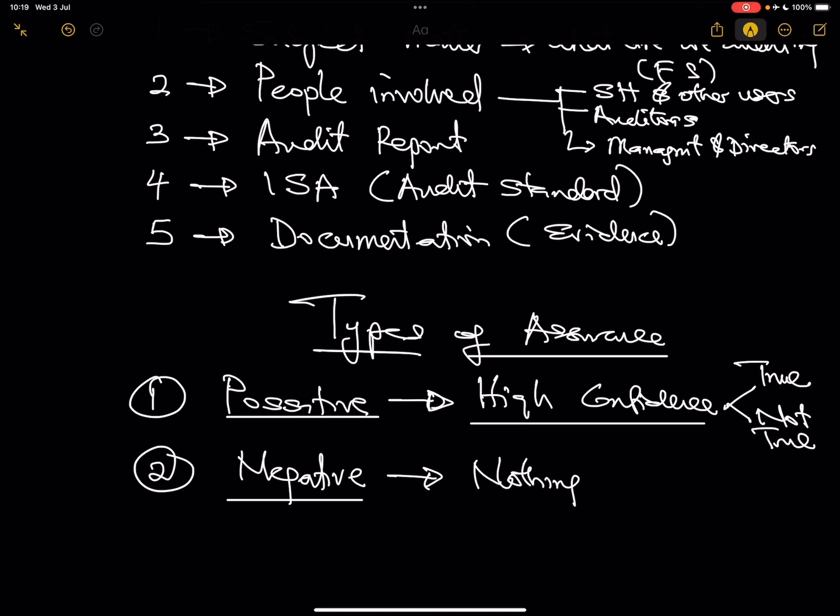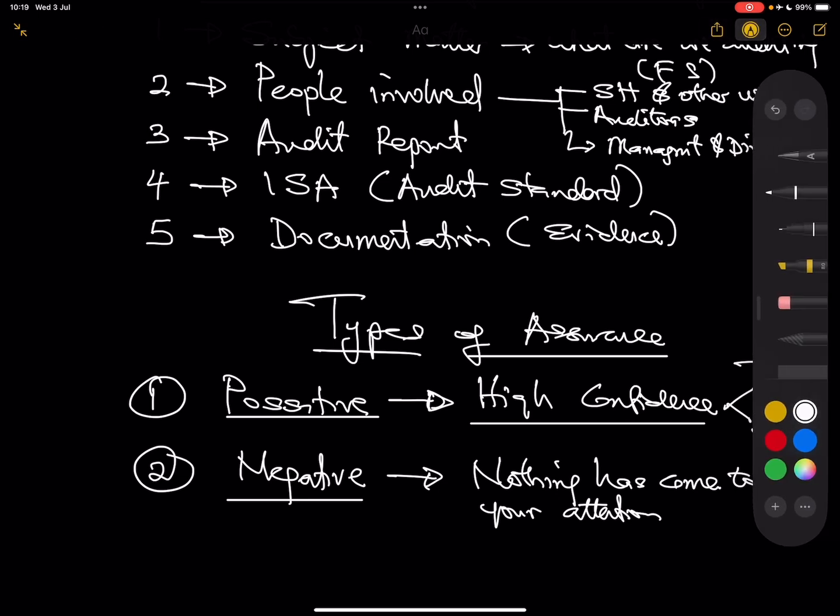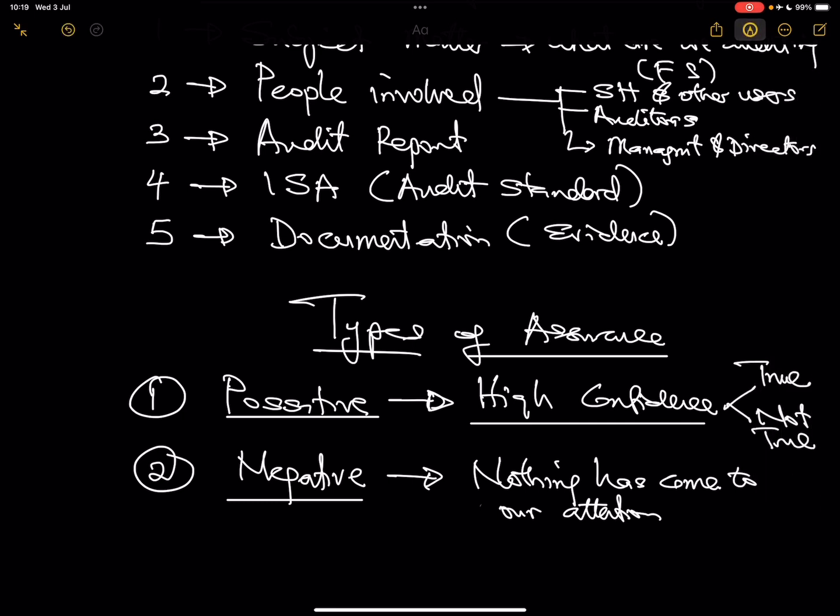Instead of saying you have done all the work as in positive assurance, in negative assurance, you only say nothing has come to your attention as an auditor, right? Nothing has come to our attention. So now let's speak like an auditor. We say nothing has come to our attention.